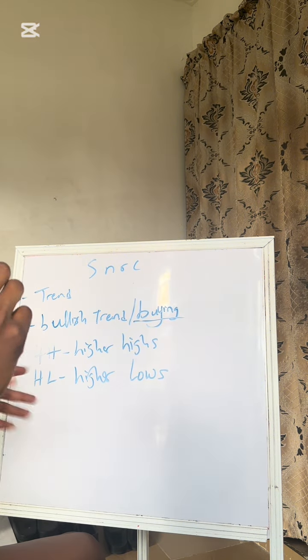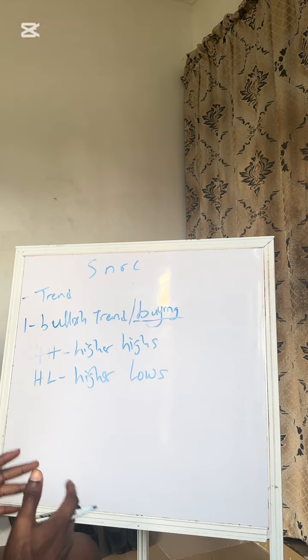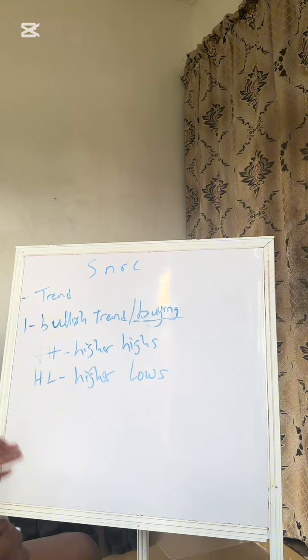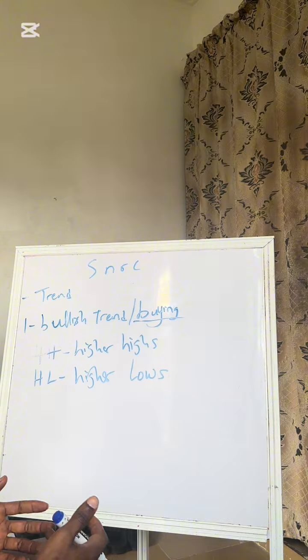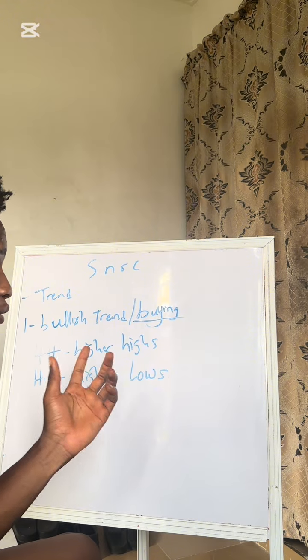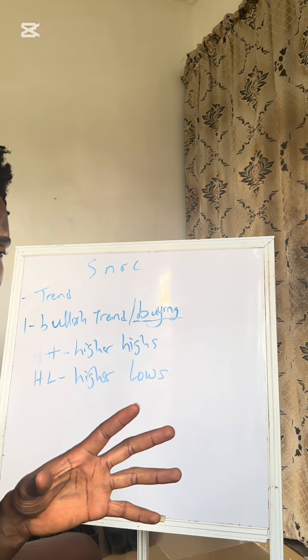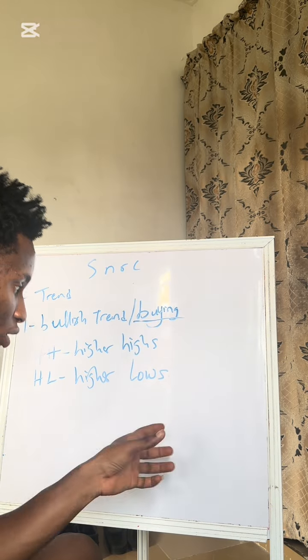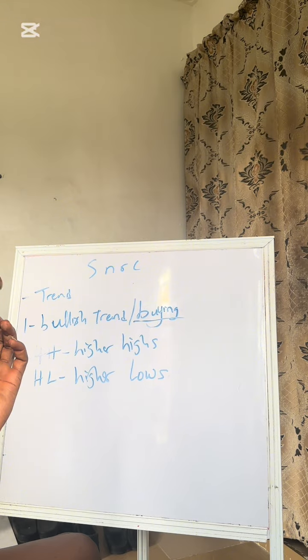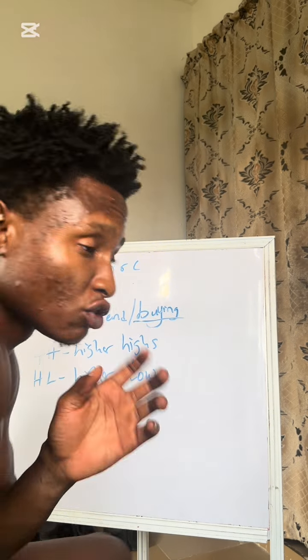These are the two things you look out for when you're trying to identify a bullish trend. How do the higher high and higher low look like? And mind you, the illustration I'll be making here doesn't represent the exact movement of the market.